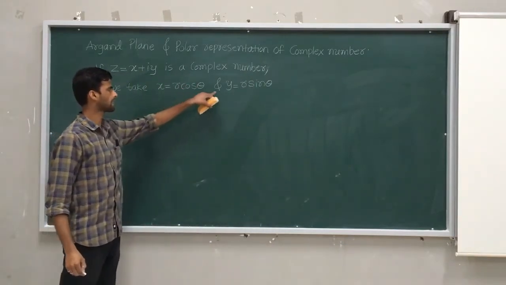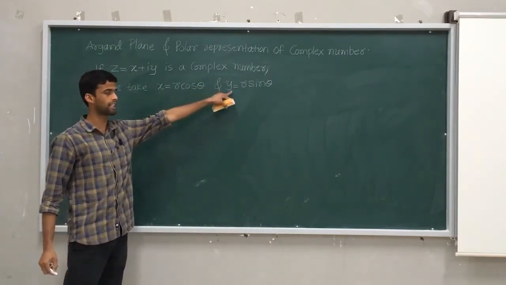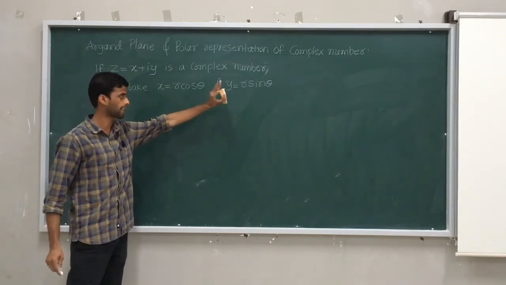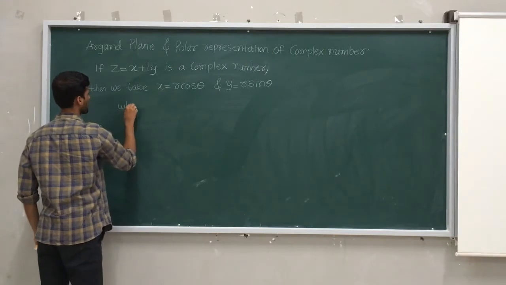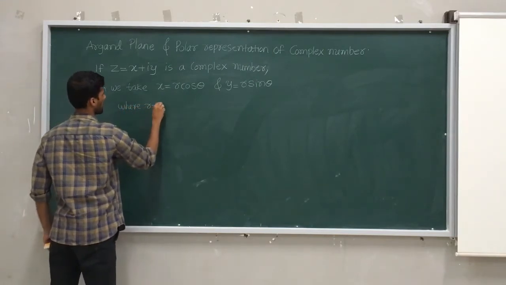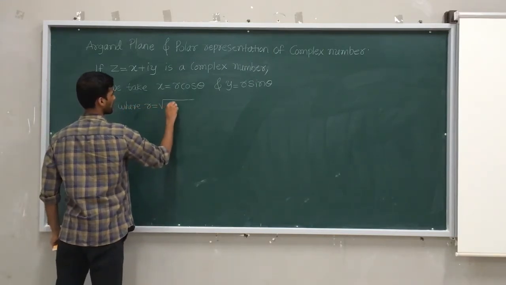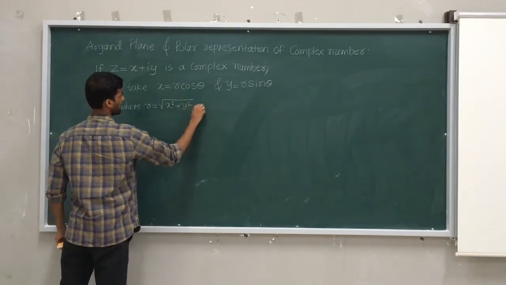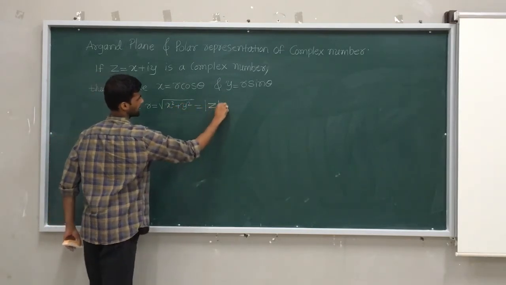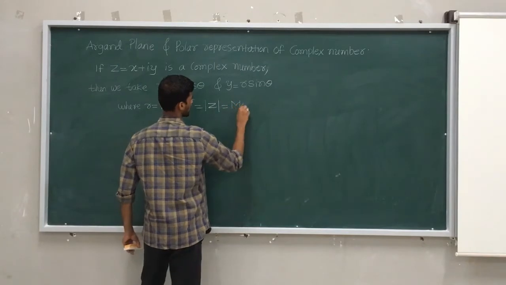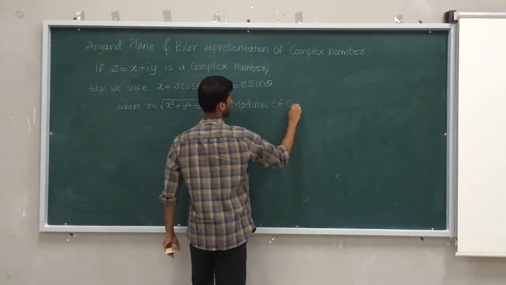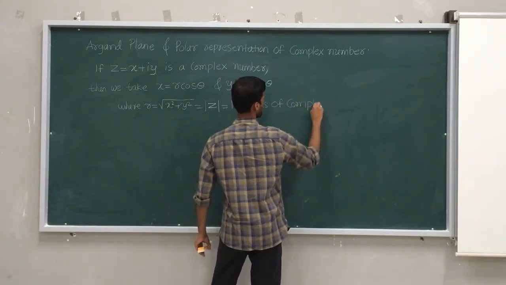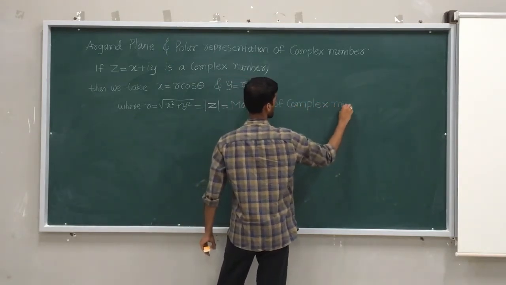Why it is like this, I explained in trigonometry. Now, r is given by root of x square plus y square, which is nothing but mod z, the modulus of the complex number.